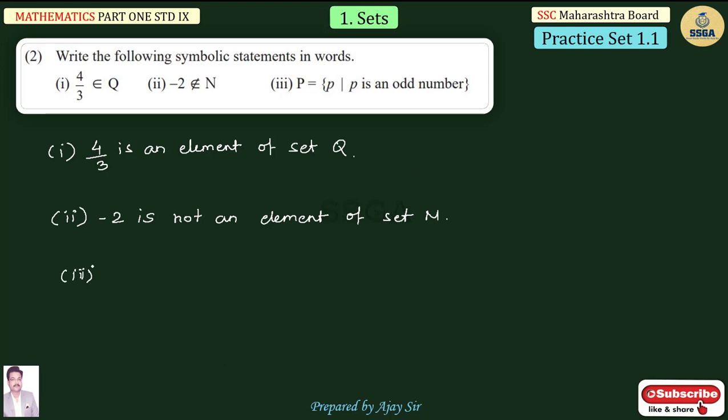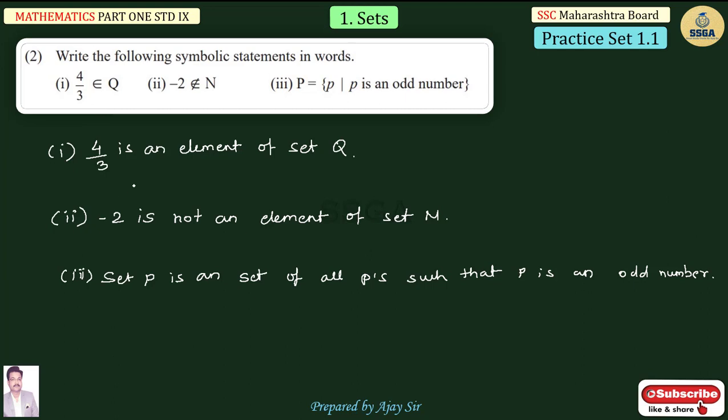So let us write in words: set P is a set of all p's such that p is an odd number. So like this, you have to write the symbolic form in the word form.